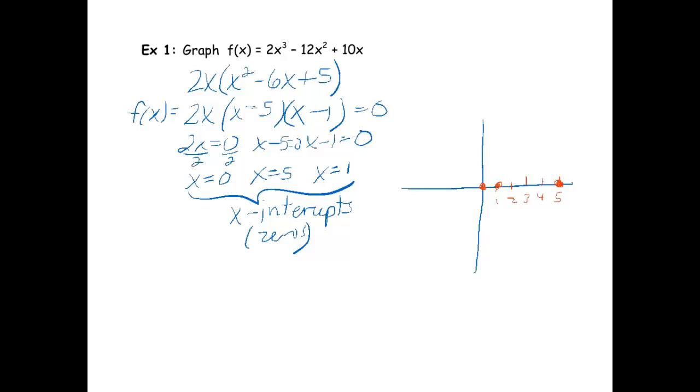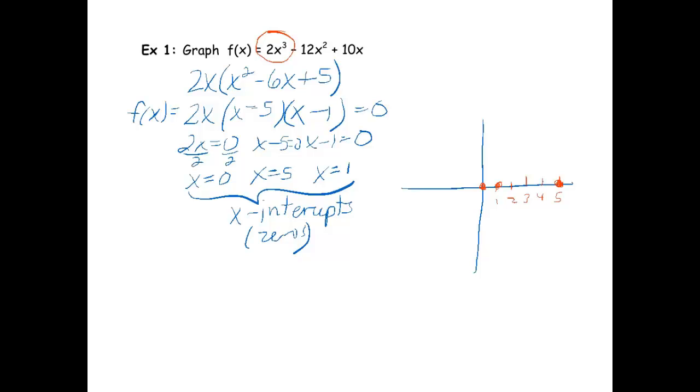Now there's two ways of drawing in the graph here. The first way is knowing something about the leading term. So notice that the a value, which is 2, is positive, and the exponent is 3. I'm going to make a few little notes here about what that tells us.